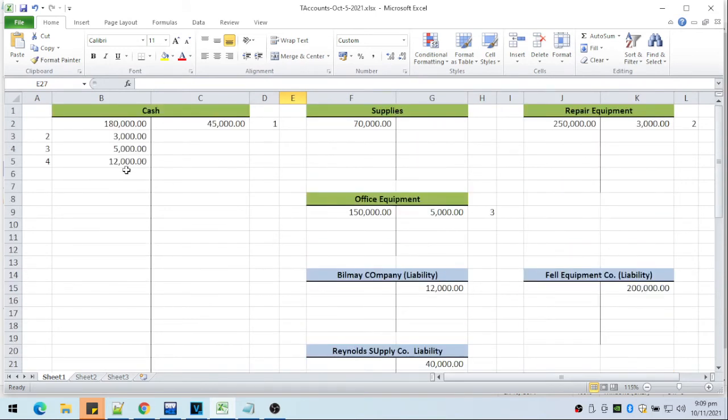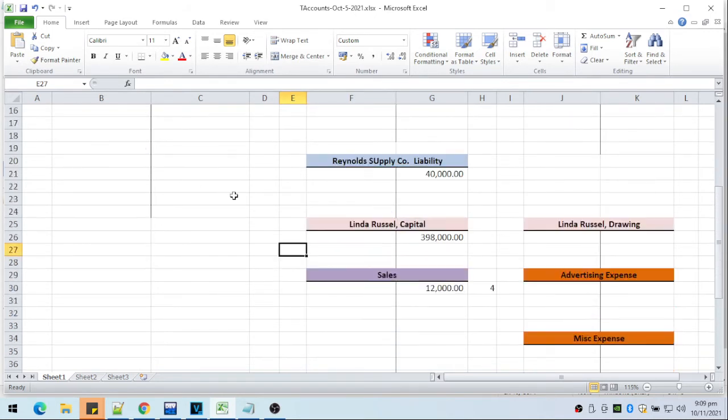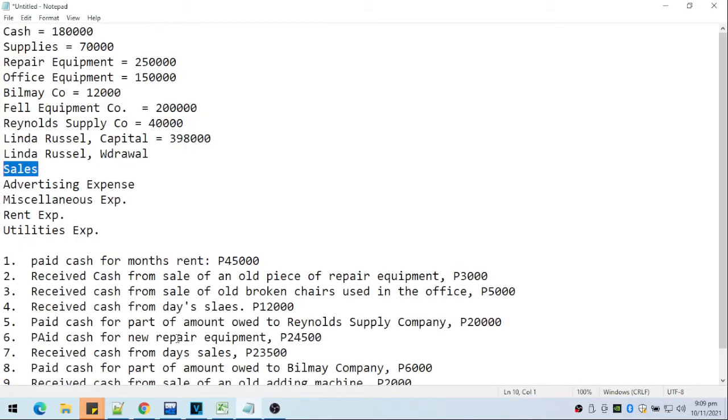I'll repeat: we receive cash, so that will increase our cash, so you have to debit that, and we also increase our sales, so you have to credit sales, amounting to 12,000. And then next transaction, we have paid cash for part of the amount owed to Reynolds Supply Company, 20,000. What are the accounts affected here? We have cash and Reynolds Supply Company.